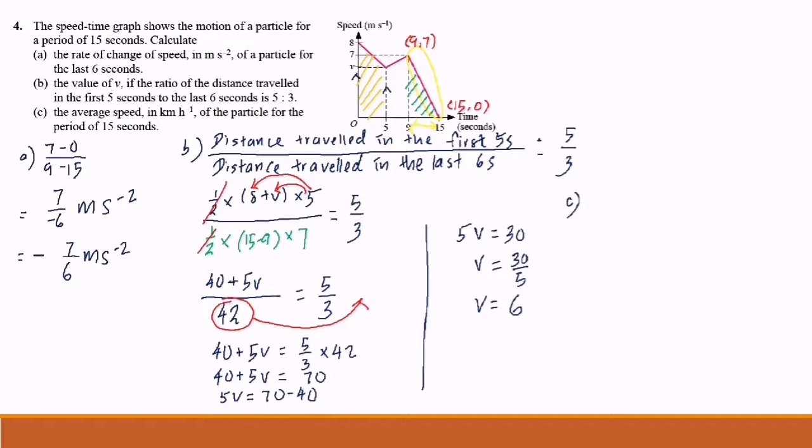So average speed, the formula equals total distance over total time. So before we find the average speed, we need to find the total distance.